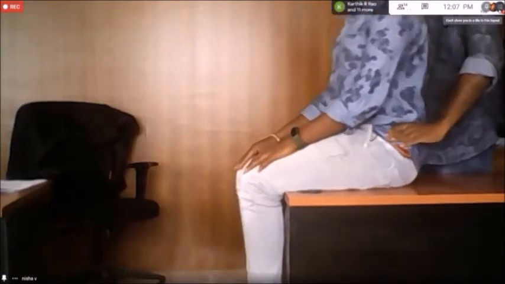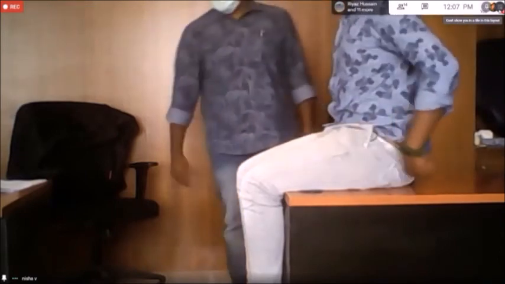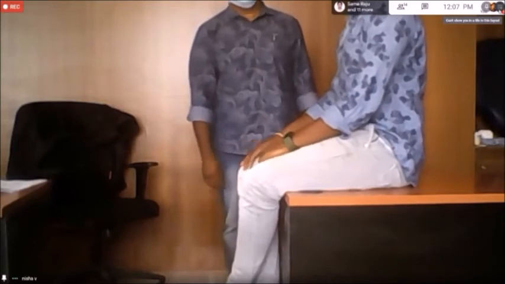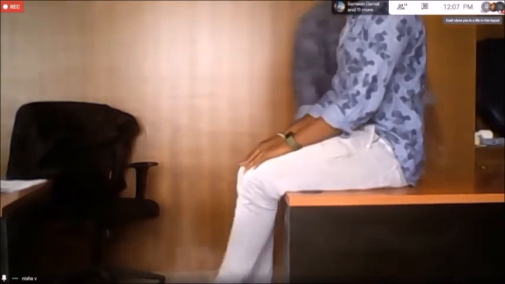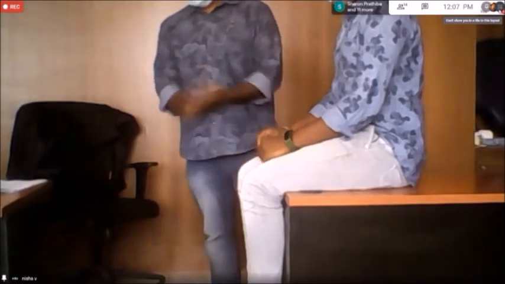Okay, and so if the person is moving back, we are going to give some amount of force. Okay, so let me just show you that. So we were checking whether the pelvis is in a posterior tilt or a neutral tilt.